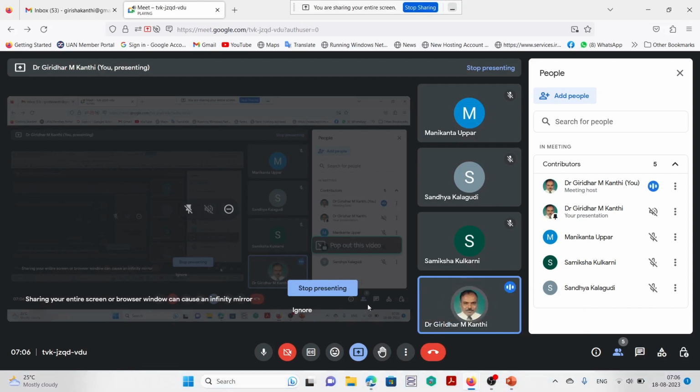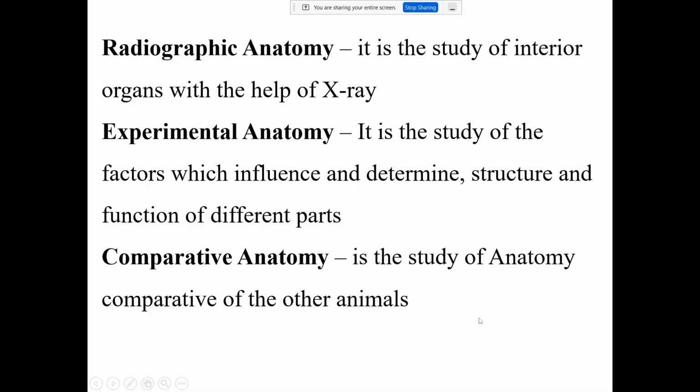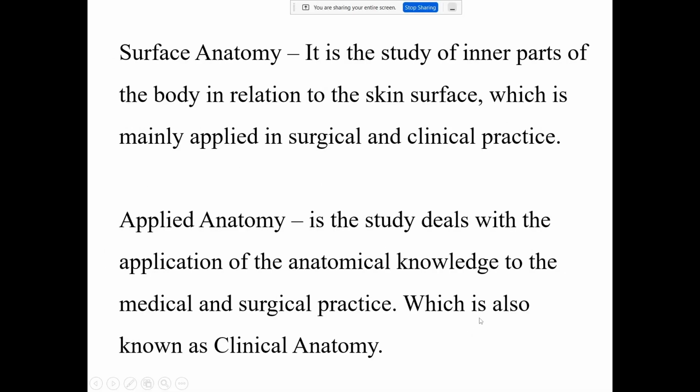So this is the point you have to make clear: comparative anatomy.